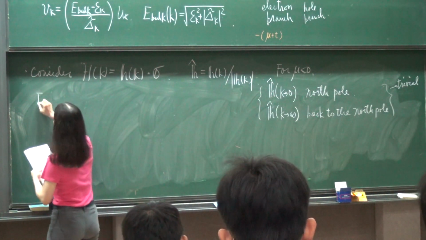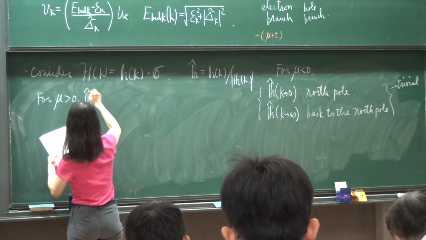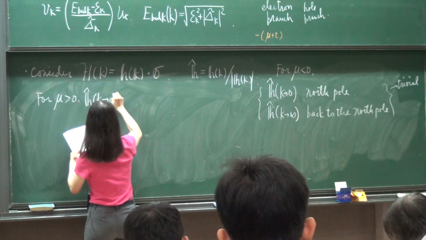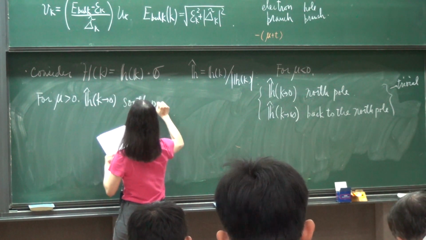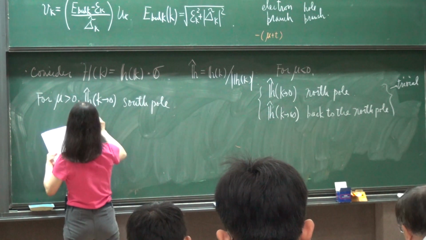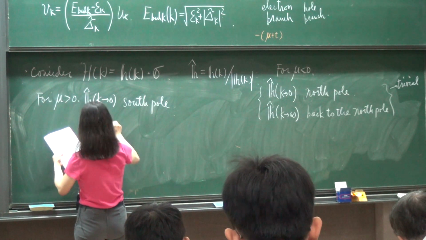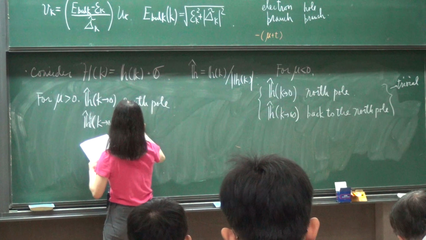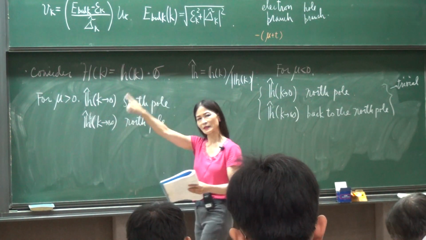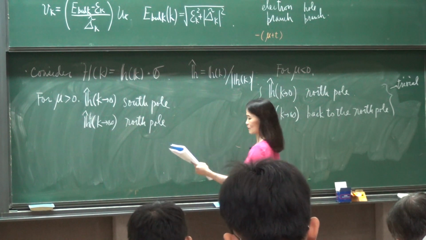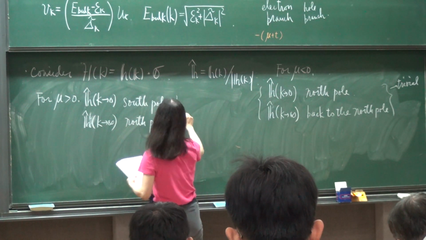However, if I have mu greater than 0, then h hat at k equals 0 is pointing along the South Pole. And then h hat, as k goes to infinity, points to the North Pole. So now I sweep around the sphere, half a sphere, and this gives me effectively a Chern number.